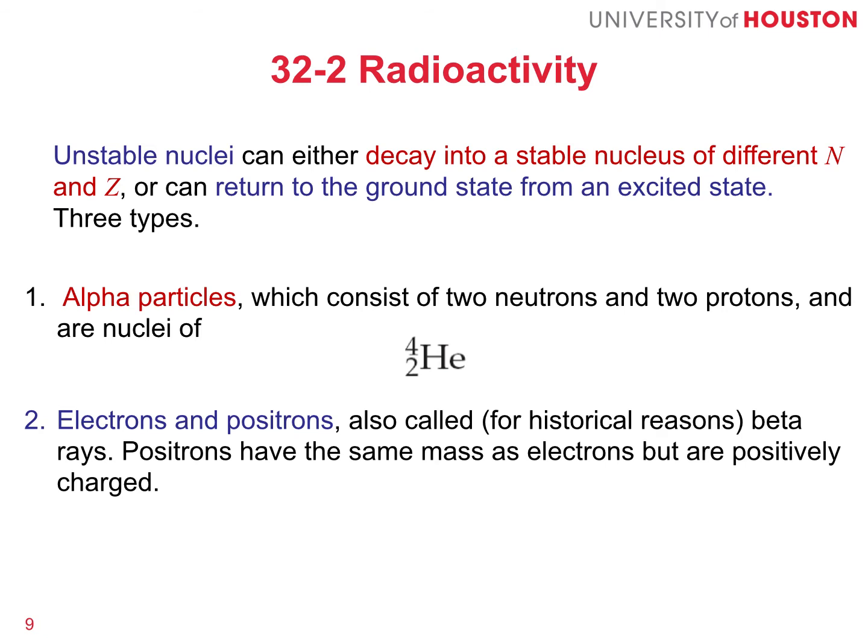A positron has exactly the same mass as an electron, but it is positively charged, and that positive charge is exactly the same positive charge as a proton. It is in fact the antiparticle of the electron. The third type of decay is a gamma ray decay, and these are very high energy photons that are emitted from the nucleus.